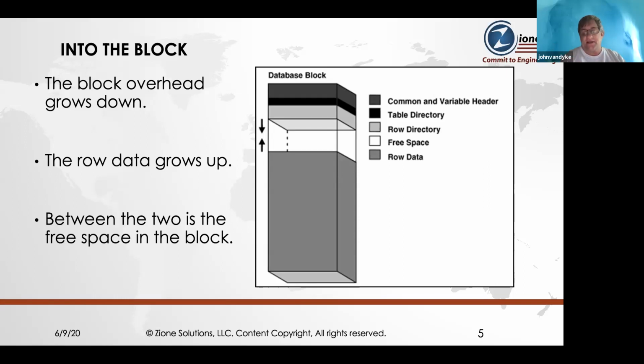The classic example, of course, is employees and departments. So instead of storing those as two separate tables, we're going to store them together. So that's where this table directory comes in, where if there were multiple tables in here, it would talk about the two different tables or three or four different tables that are in the block. But generally speaking today, your data block is going to have one table in it.